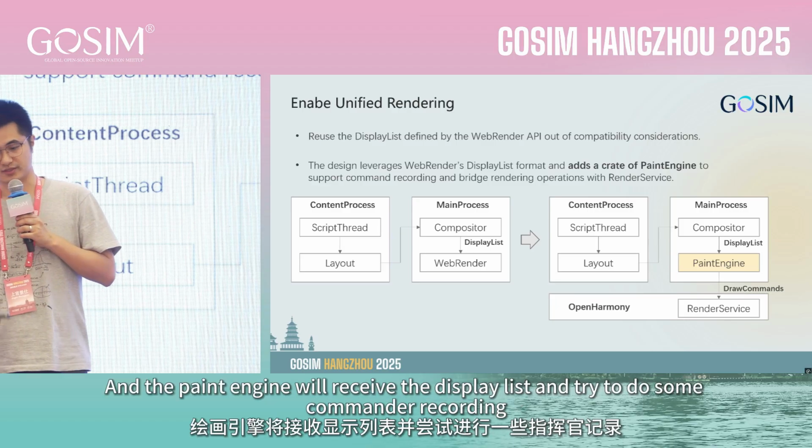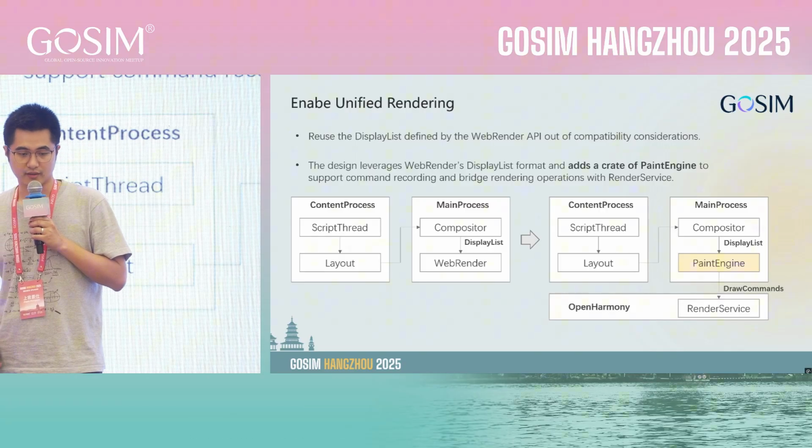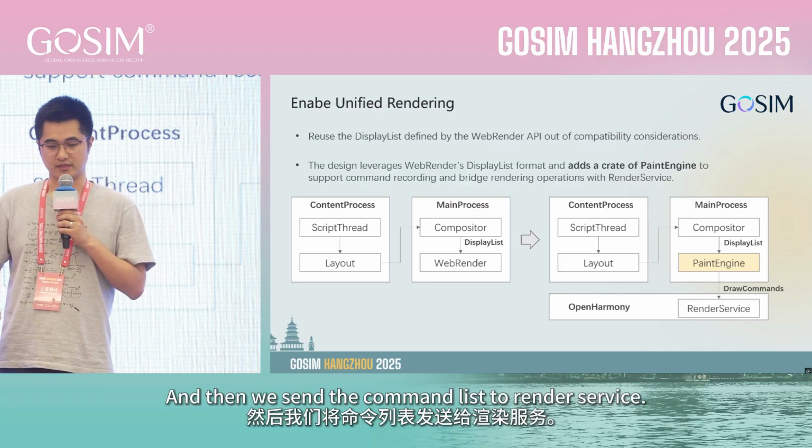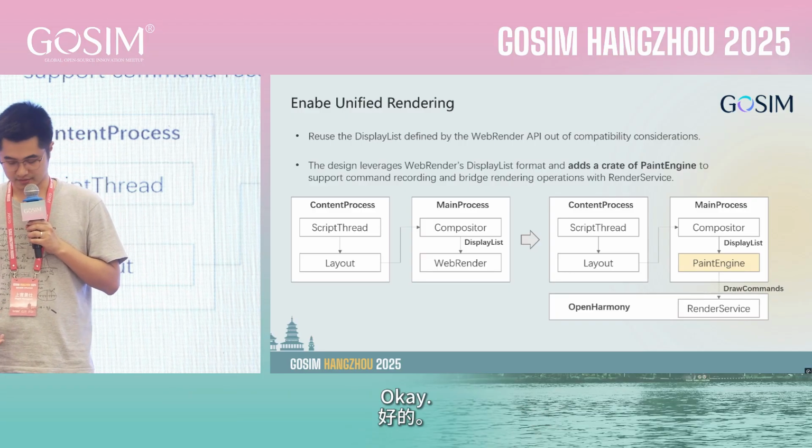The paint engine receives the display list, does some command recording, and then sends the command list to the render service.